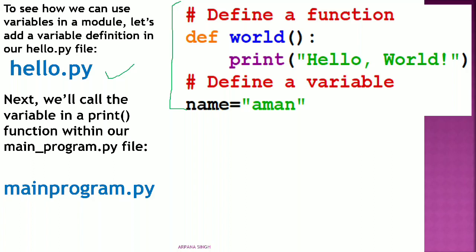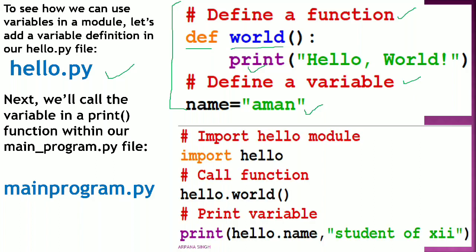So def we will discuss in detail later on. Here you try to understand it. This world is a function name, and this is a simple print statement, and this is a variable declaration statement. Name is equal to Aman. So this is defining a function, and this part is defining a variable.